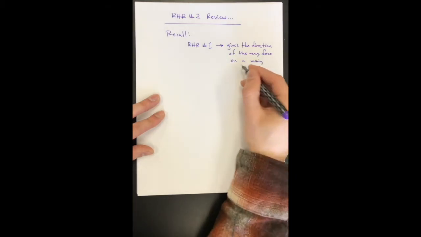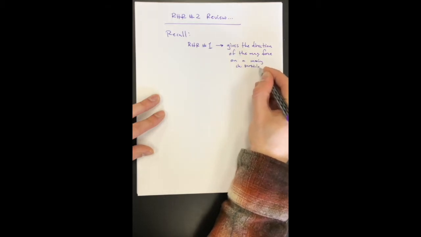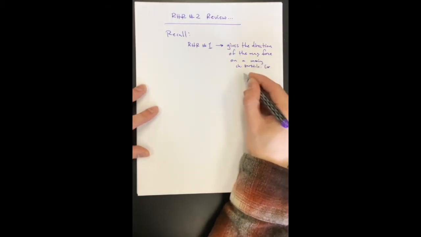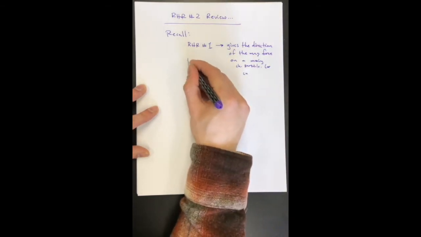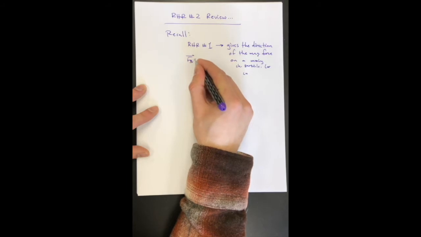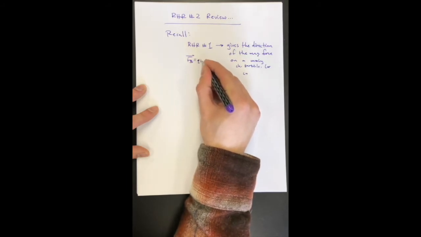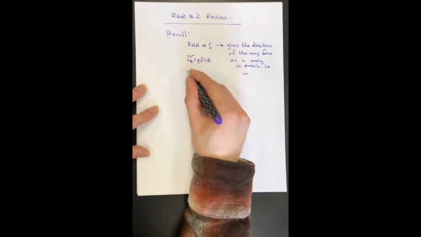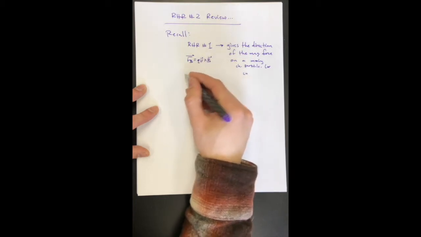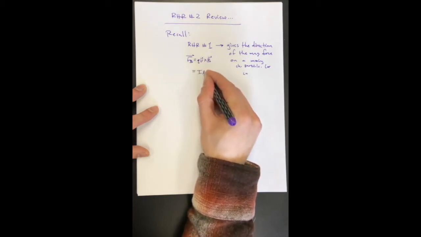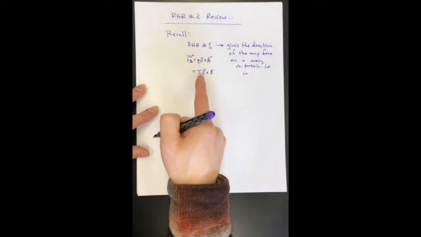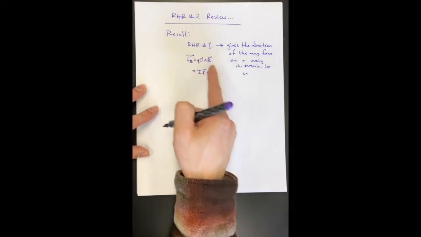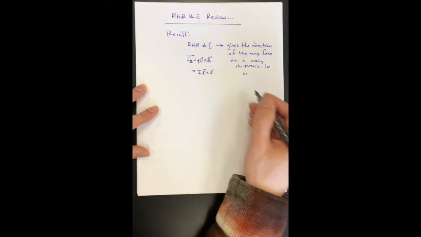And if you recall, we used a cross product for this one, and it was always the magnetic force equals QV cross B or IL cross B. And remember, we point our fingers in the direction of the first vector and curl them in the direction of the second.